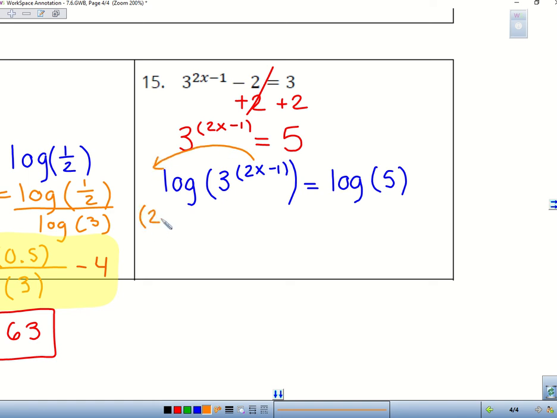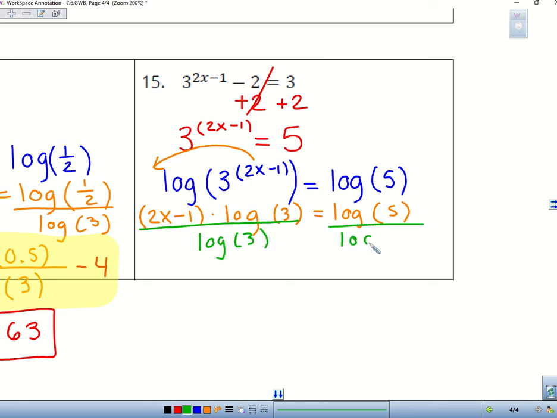Out front. And then we just divide by the log to get it to the other side. So we're just doing simple algebra here, but it just looks messy with all the logs. It just looks different than you're used to seeing it with all those logs in there.